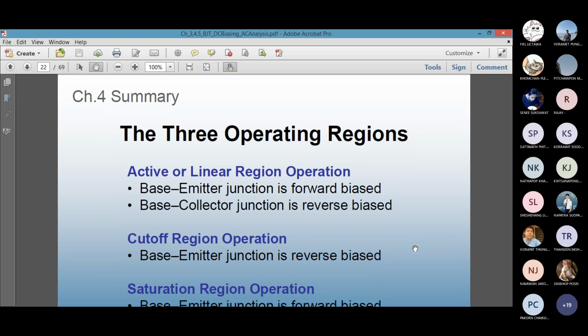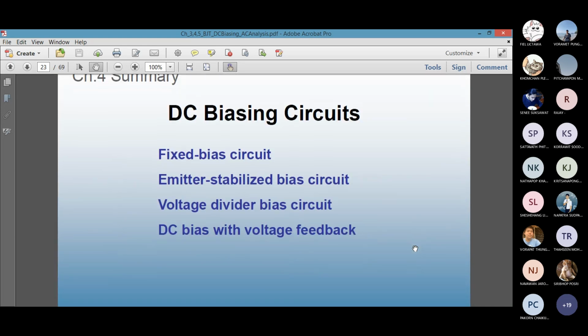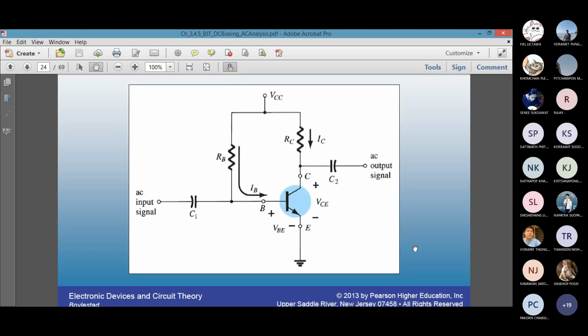We studied 4 types of biasing circuit: fixed bias, emitter stabilized, voltage divider, and collector feedback, which in this slide they named DC bias with feedback. For a fixed bias, you have base and collector resistors, no emitter resistor. The input and output are coupled using capacitors.